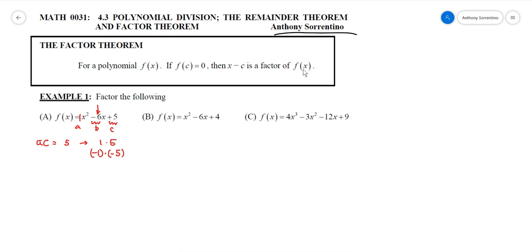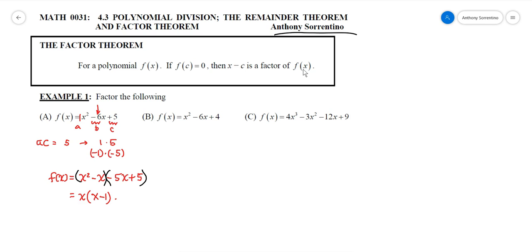So I want to think of f of x as equal to x squared minus x minus 5x plus 5. Then I can factor by grouping, grouping these two together and these two together. Factoring an x out of the first group gives me x minus 1.